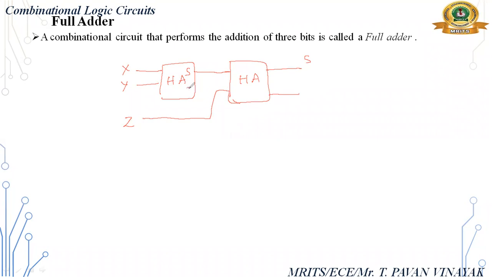Here one carry is available, and here also one carry. Those two carries we give to an OR operation. If you give OR operation, then we get the final expression xy plus yz plus xz. So this is the full adder using two half adders plus one OR gate.